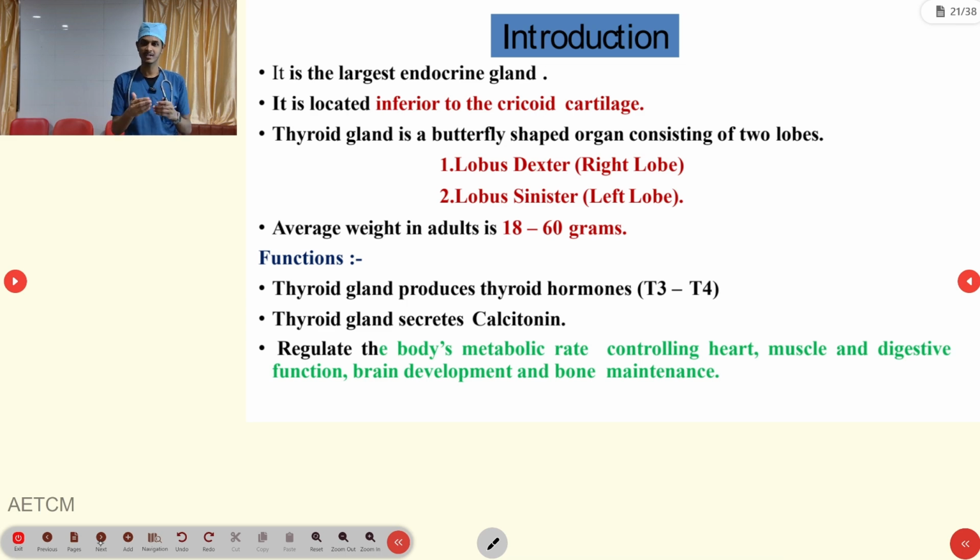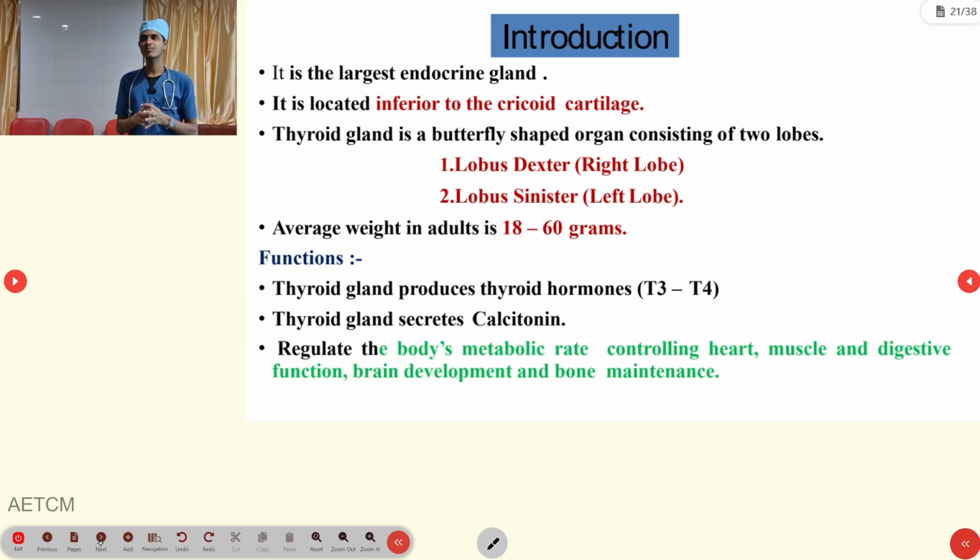Through metabolism we get heat as a byproduct, so thyroid hormone also plays a role in thermoregulation. Those are the three major things: growth, metabolism and thermoregulation. Thermoregulation is related to metabolism. If the metabolic rate is high, there will be a high temperature; if the metabolic rate is low, the temperature will be low. So the thyroid controls it indirectly.